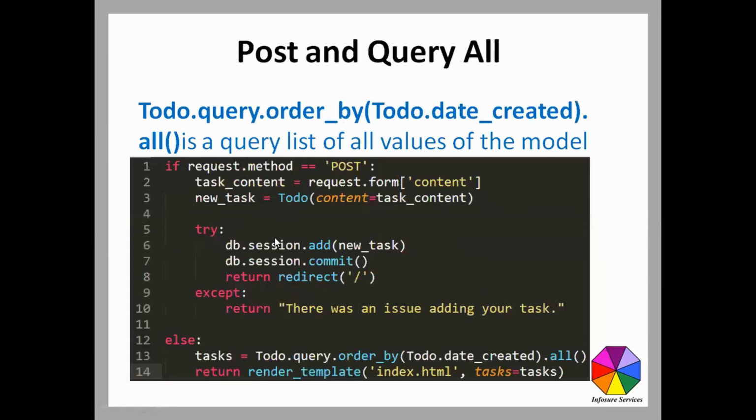So for post, here we are seeing the view code. What this screen shows is a view code: if request.method is post, else it is get. It's on the same view.